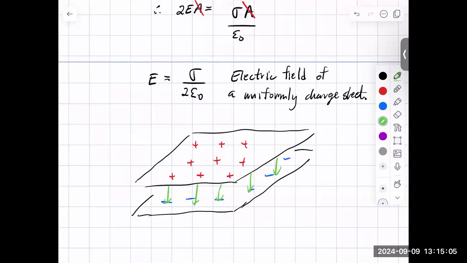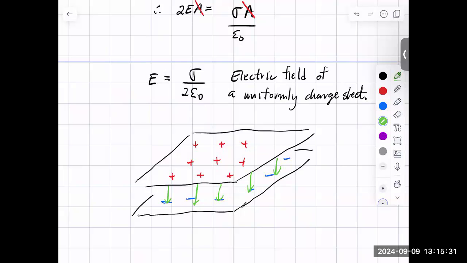The top plate contributes an electric field down between the two that's equal to sigma over 2 epsilon naught. The bottom plate, because it's negative, has electric fields pointing towards it, and so it also makes an electric field between the two that points down, equal to sigma over 2 epsilon naught.